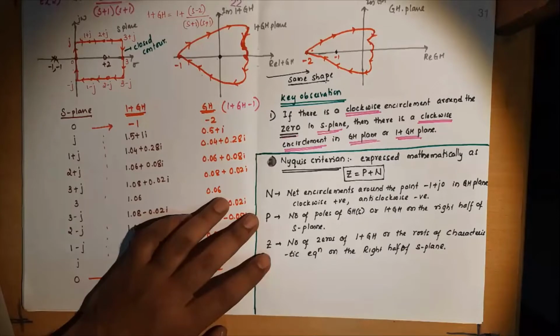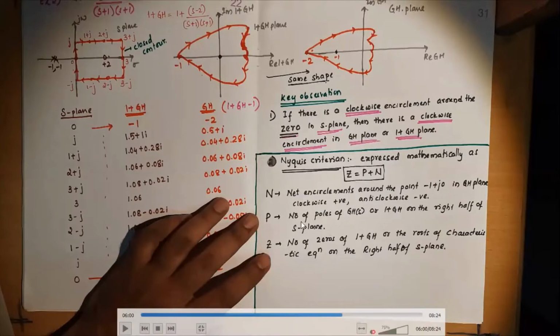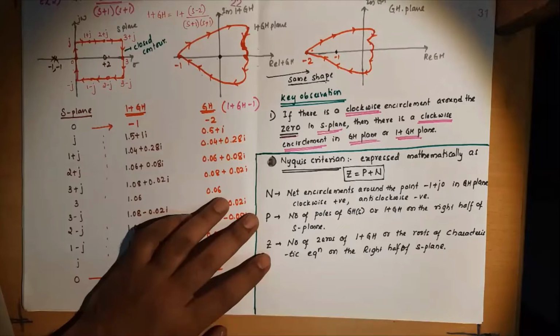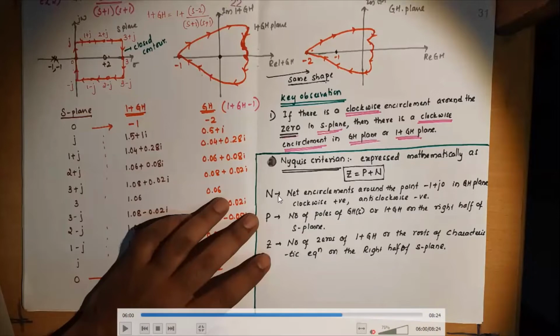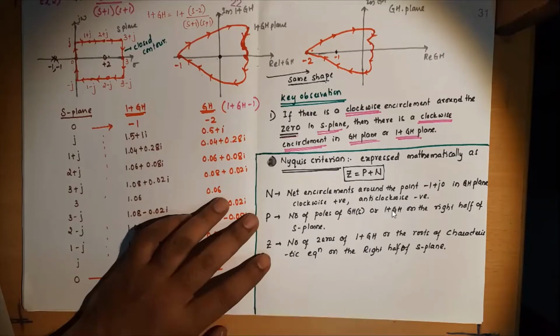Fine. So N is net encirclements, P is the number of poles of G(s)H(s) on the right half of the S plane. Both N and P are available in these diagrams. N represents this encirclement. Since there is a clockwise encirclement, I can find N. P is the number of poles of G(s)H(s), or 1 plus GH, on the right half of the S plane.